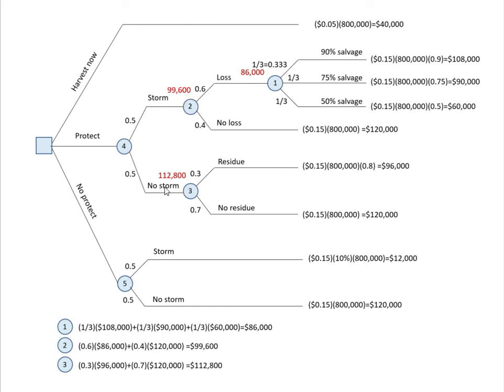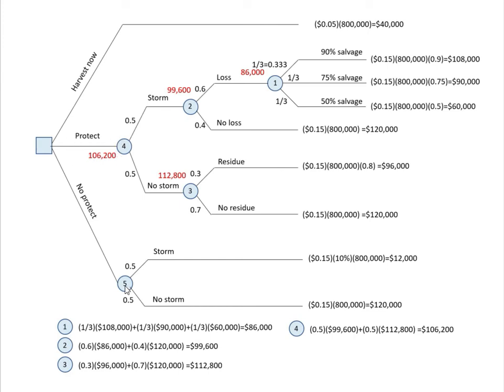If there's no storm, then on average his profit is this number going forward. Okay, so we do the expectation calculation over here, and that leads to this number. I'm going to copy it over here. Basically, this number is the expected profit if he protects.